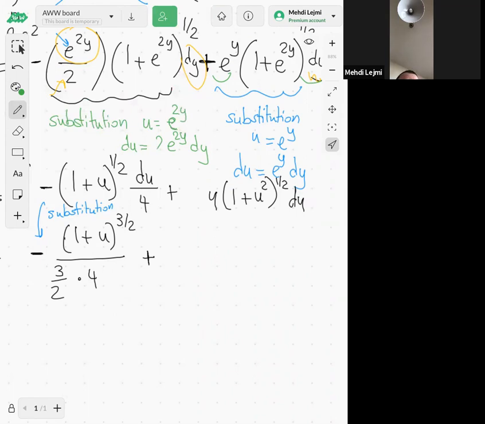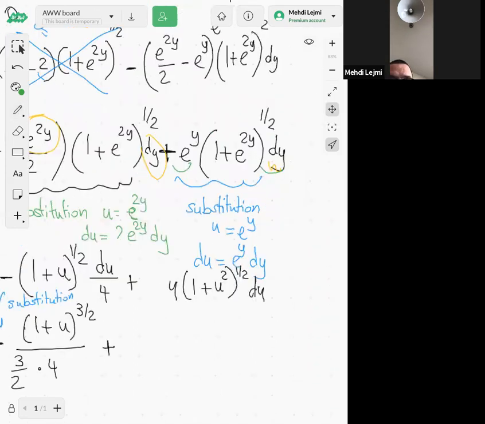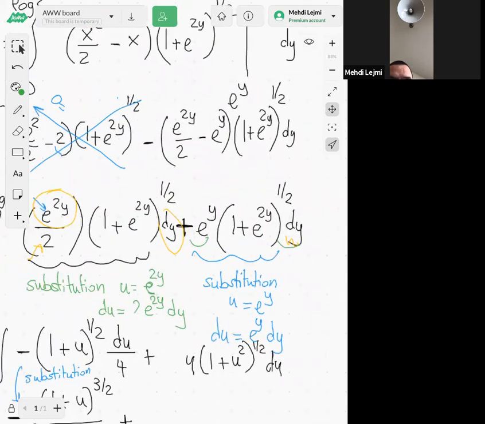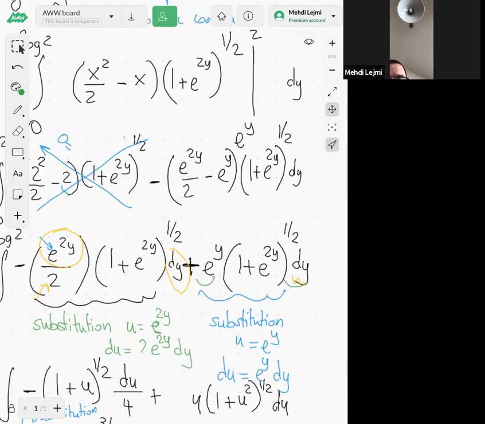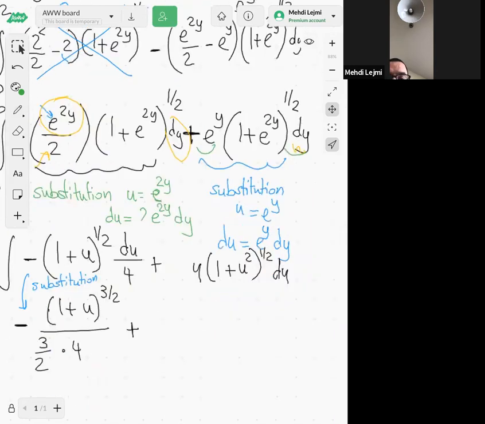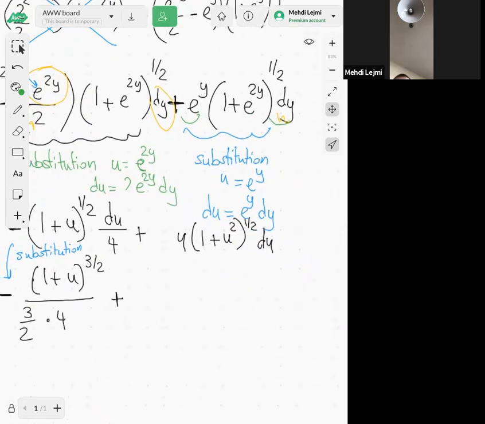Again, it's either you substitute e to the 2y by u and use another substitution, or just substitute 1 plus e to the 2y. For the second part, we have this. Where is it? Yeah, we have this e to the y times 1 plus e to the 2y to the power half.